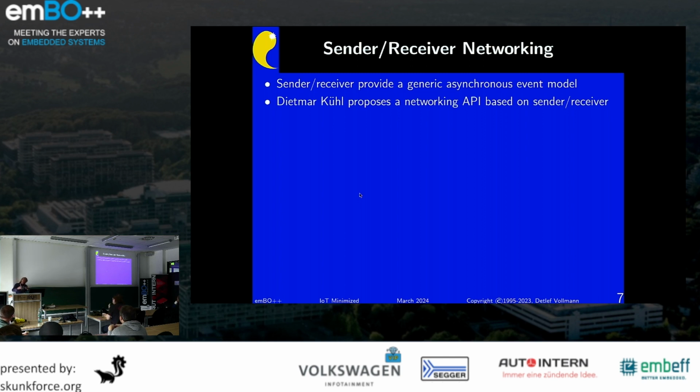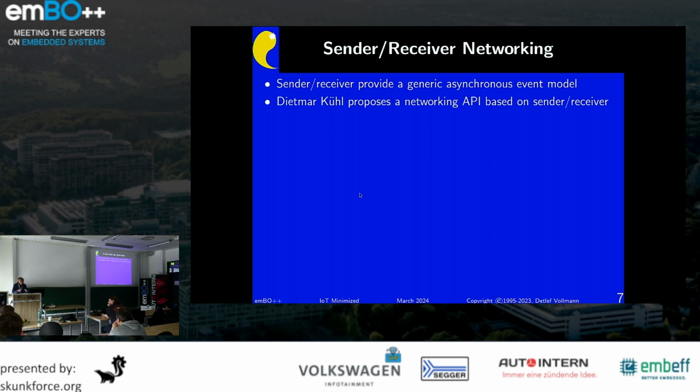So you have a template inside a template inside a template inside a template inside a template inside a template, and that sometimes 20 levels deep. And deciphering such error messages is not very easy. But anyway, it will quite probably be standardized, and it will probably be in C++26.